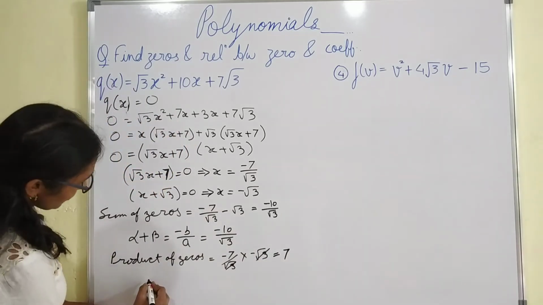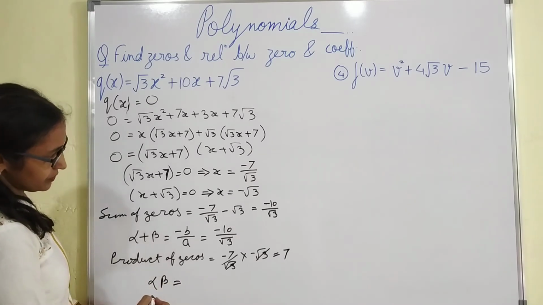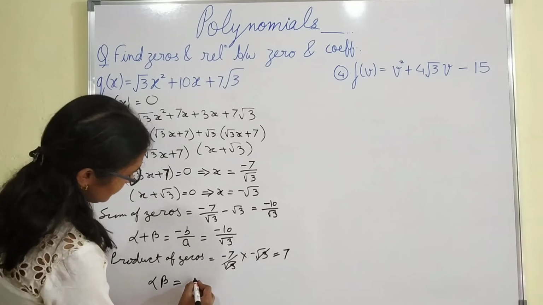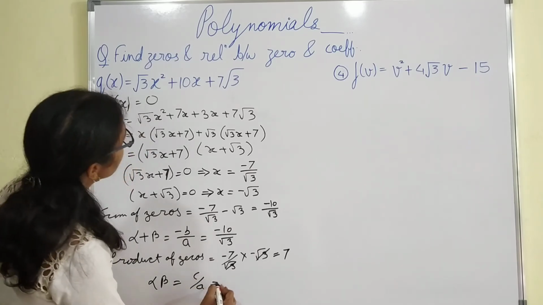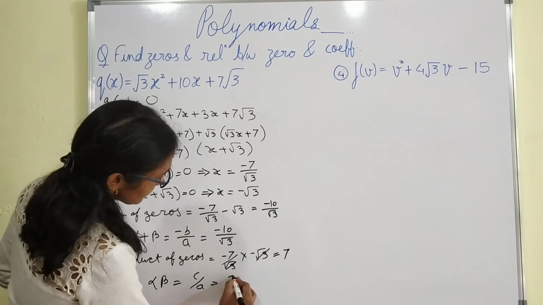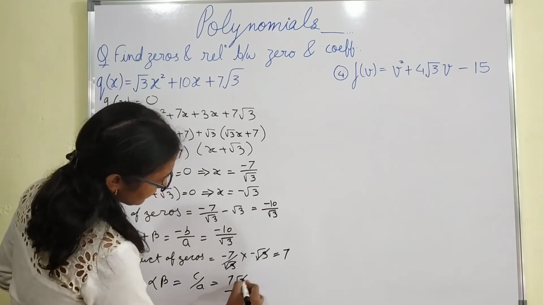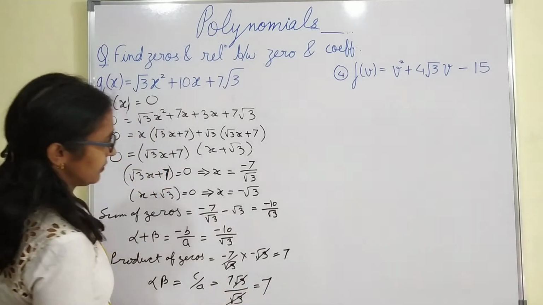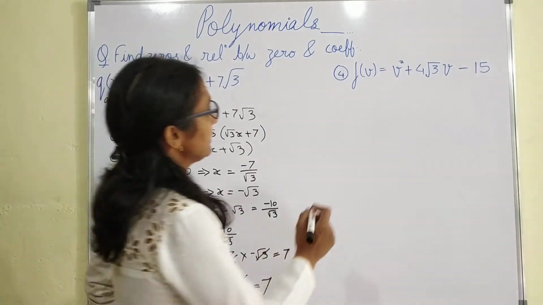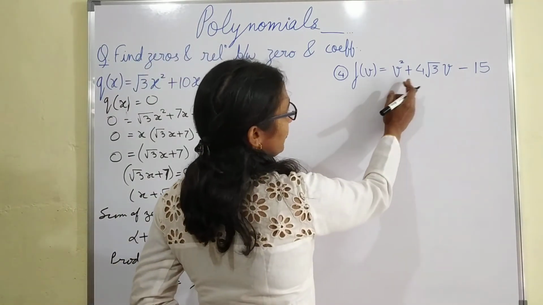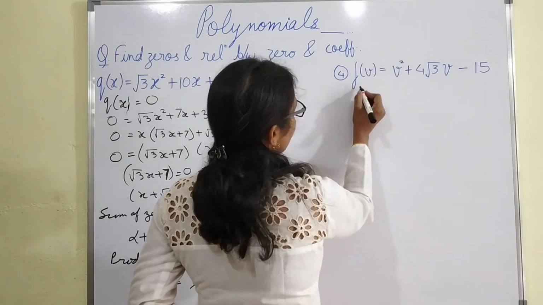Okay. Now product of zeros is c upon a. C upon a means 7 root 3 upon root 3, so root 3 cancels and it is 7.